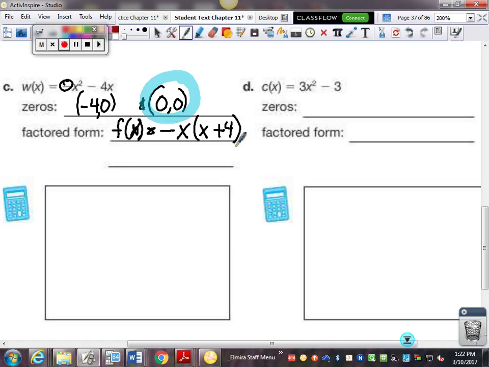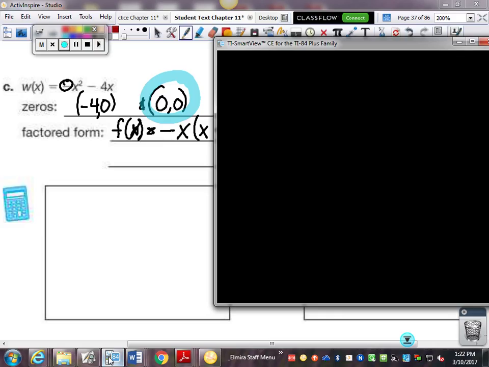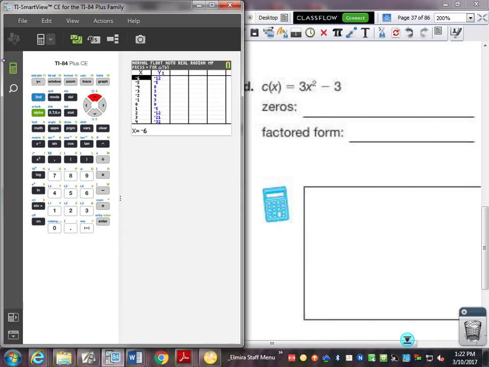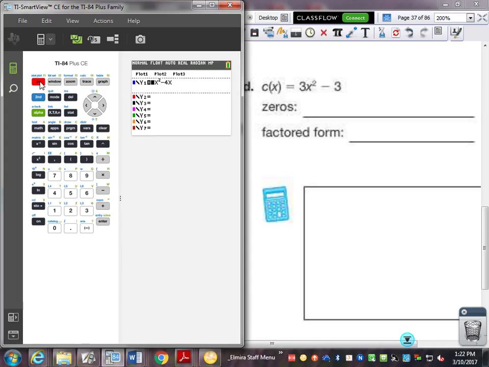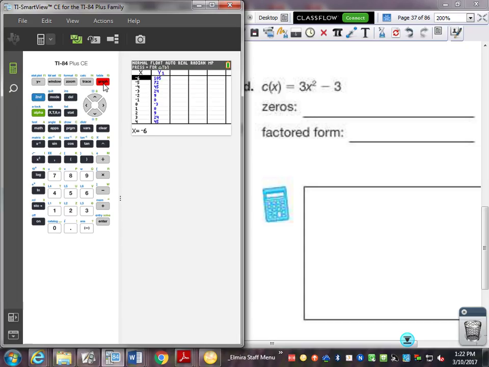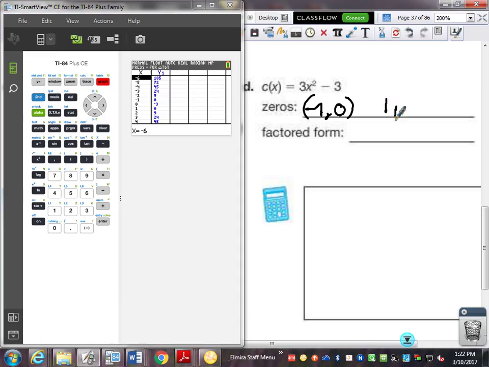Okay. And the last one. Whoa, what happened? Okay, this one gives me zeros at -1, 0. My pen's acting up again. And +1, 0.